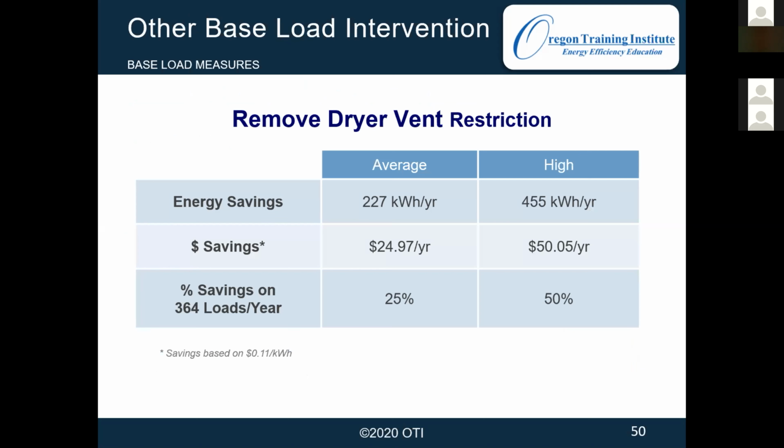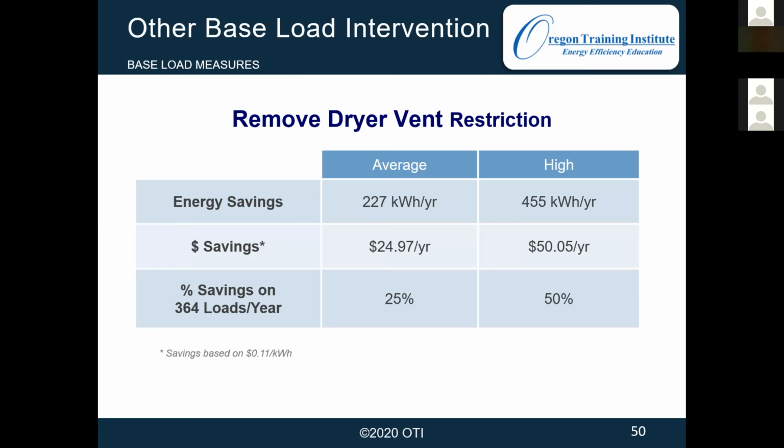And then just venting out the clothes dryer, or fixing that vent, going from hard duct to smooth, making it as short as possible, has energy savings related to it. Because the cleaner, the smoother, the shorter the clothes dryer vent is, the more quickly we can dry the clothes.